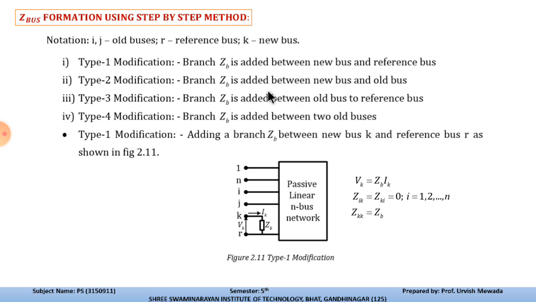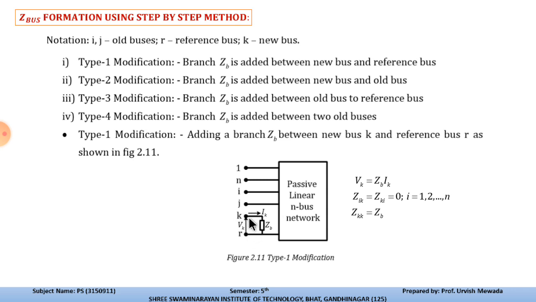So between I and J we can add the ZB. These are the steps that we are going to perform to determine the Z bus of this given passive linear n-bus network. And this is the first diagram, which indicates modification number 1, in which we are adding a branch ZB between the new bus.